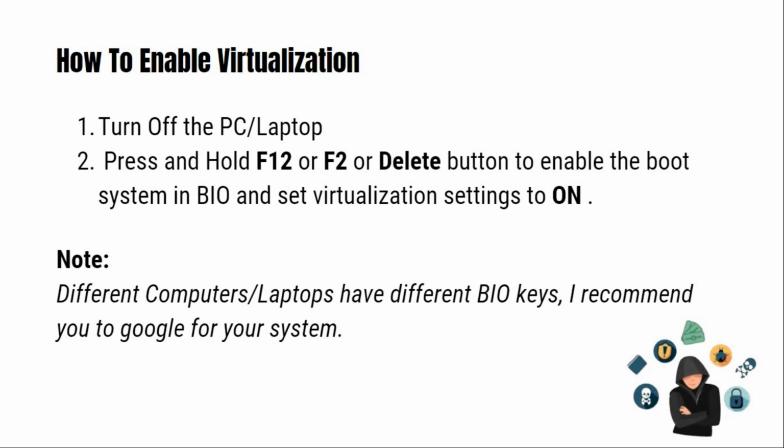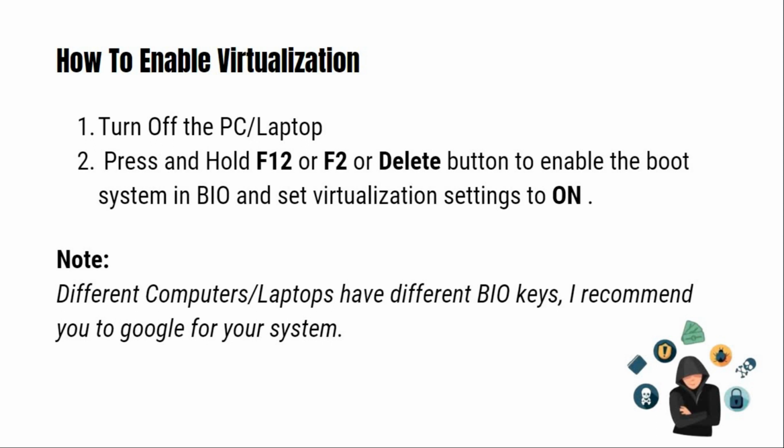The majority process is to turn off your computer system and then turn it on by pressing and holding a special key. The special key can be different for different computer models; mainly we can use F12, F2 or the delete button. You can try any of them to see if it works for you.